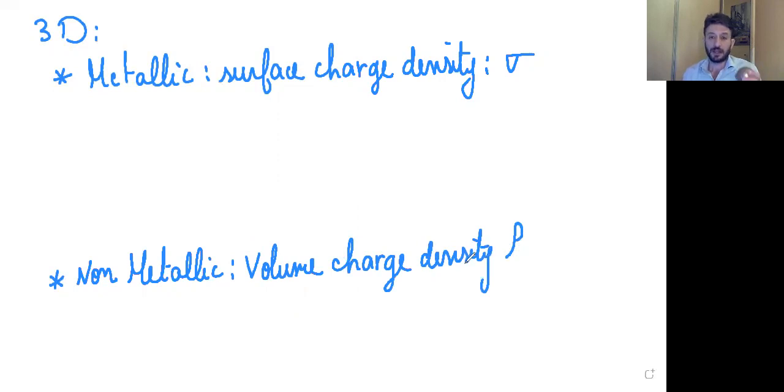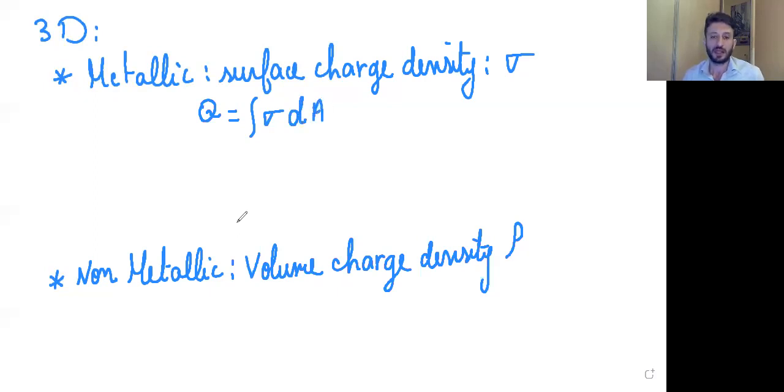Okay, so the Q in the case of a metallic object equals the integral of sigma dA.